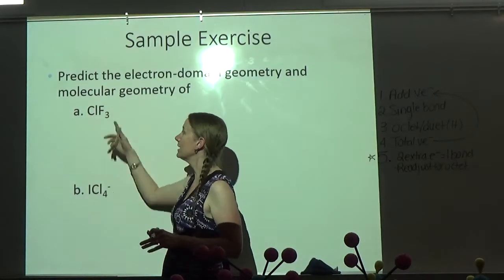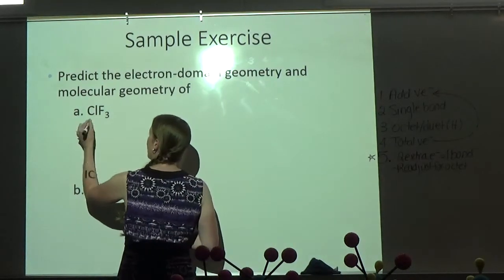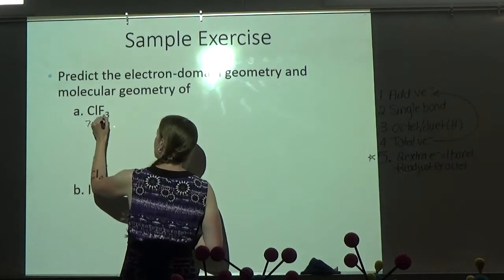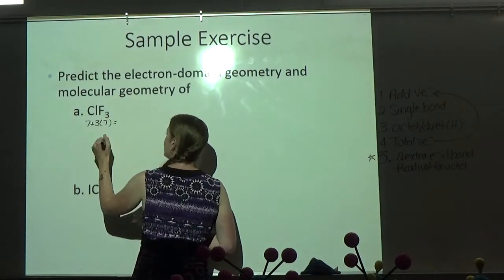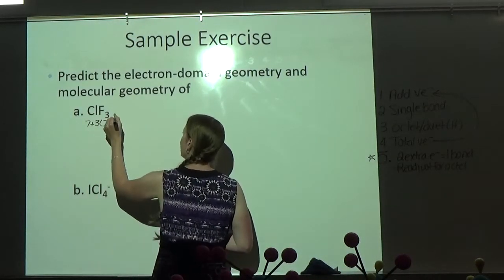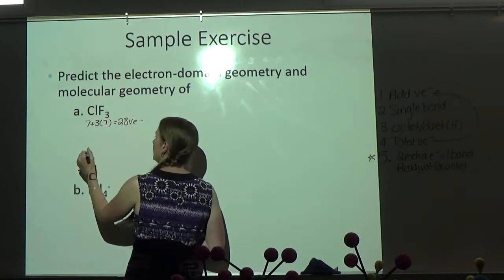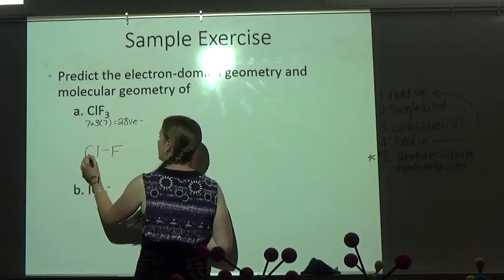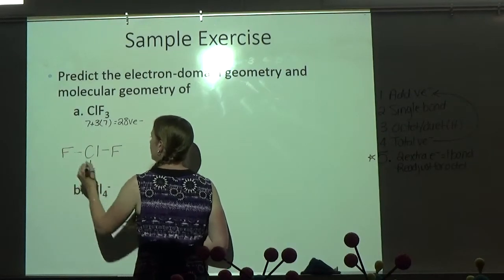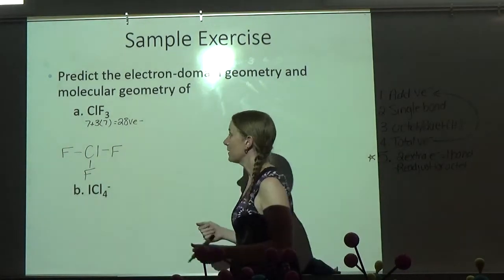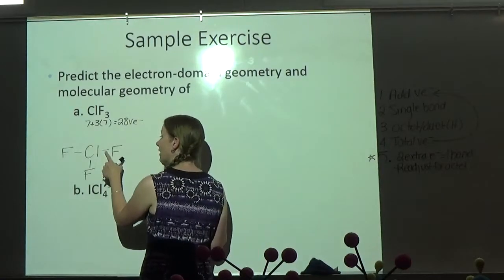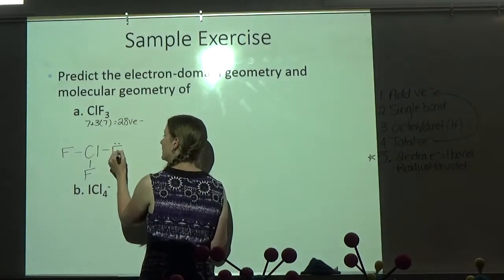Cl, like chlorine, F3. So I'm going to add my valence, so Cl is 7. Fluorine is also 7 times 3, which is 21, plus 7, which is 28. I'm going to put my Cl in the middle, and for now, I'm just going to draw it like this, since I'm not really sure what the shape's going to be yet. I'll make everybody stable, so F has 2, so each F needs 6 more.